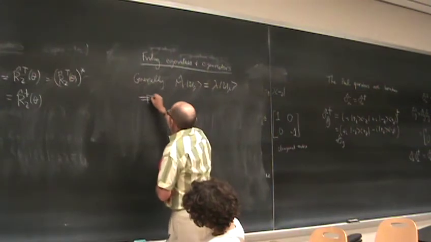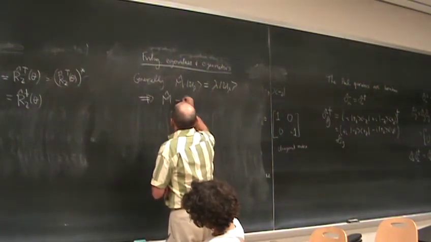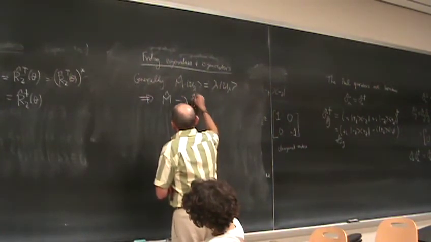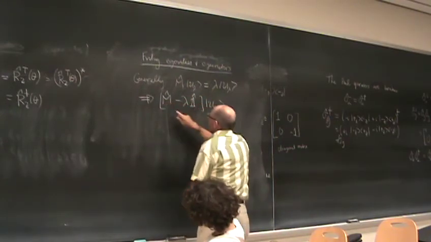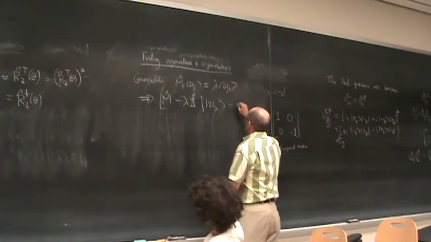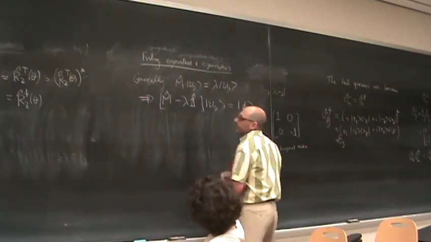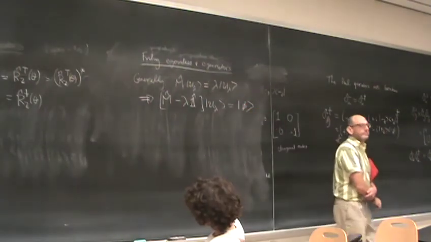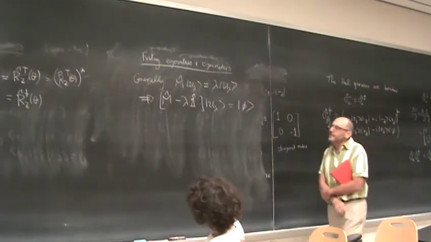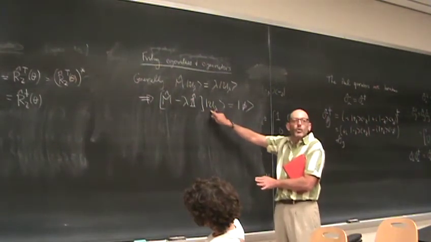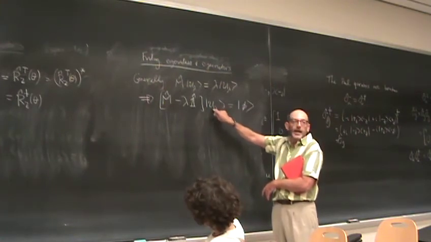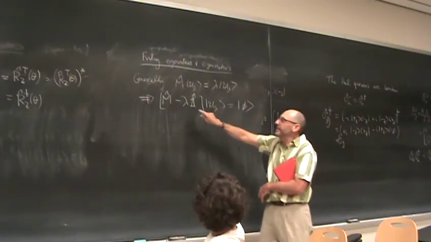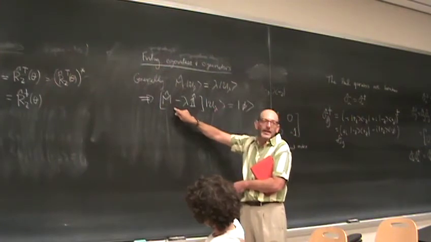Which means that this combination acting on this gives me the null vector. And since we are ruling out the null vector as an eigenvector, this thing cannot be invertible.